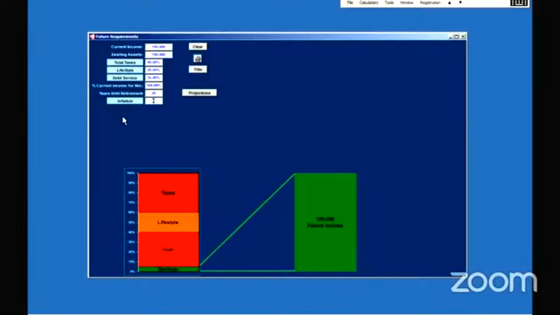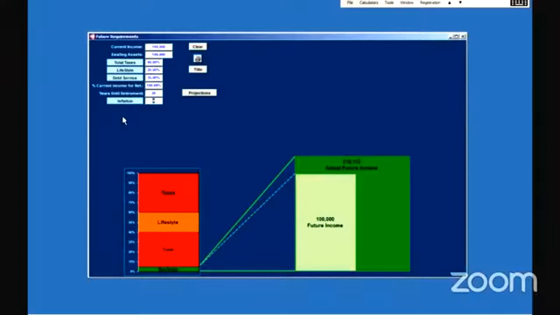So some people will say that inflation in the United States is 5% today. Others may say that it's 3%. I'm going to use the average, so I am going to put a 4% net inflation rate.